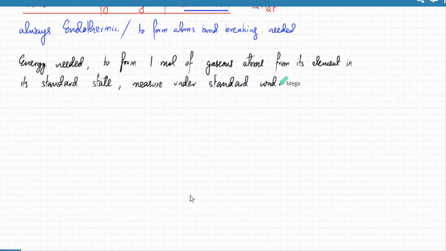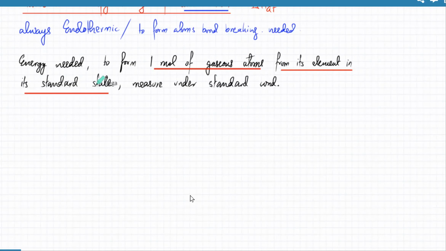When you actually write the definitions, don't write abbreviated forms. Write the whole complete word. So what you're trying to do is form 1 mole of atoms from what? From its element, and the element needs to be in its standard state. That's what you're trying to do.